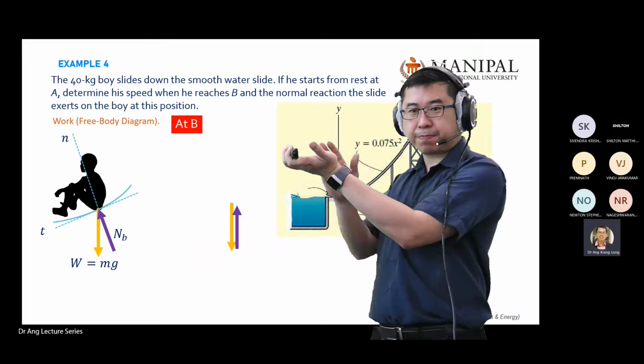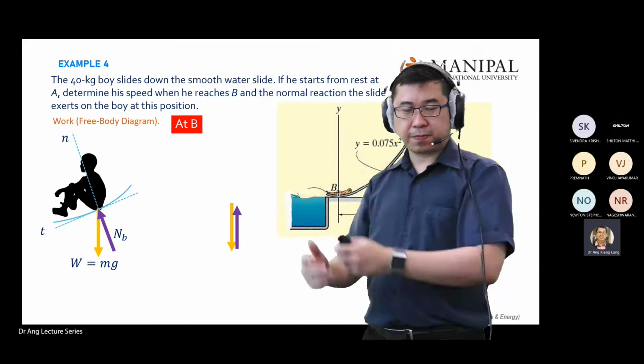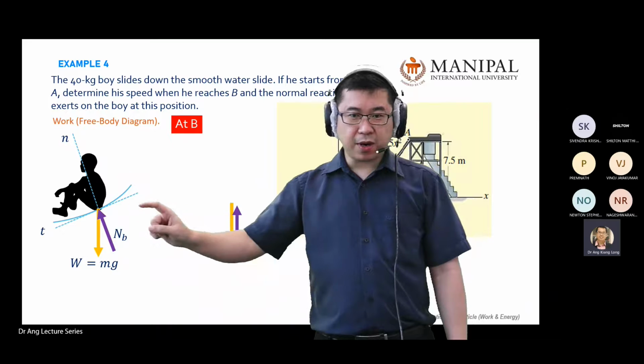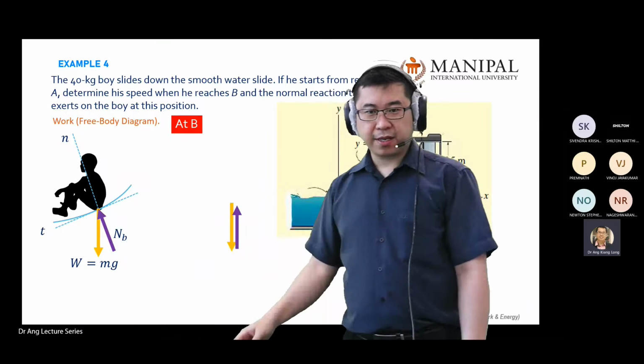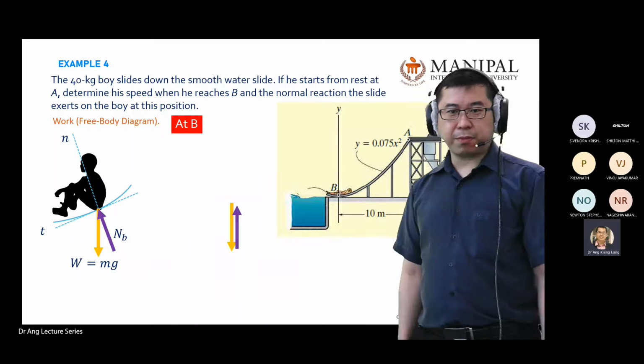Normal force is always perpendicular, 90 degrees to the surface. Okay, I write it as N sub B, where B represents the boy. Normal force on the boy.